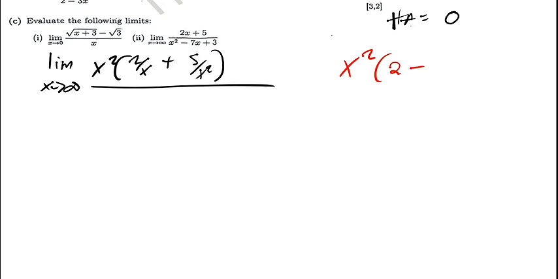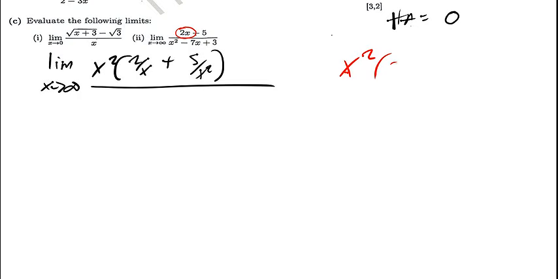Let's take it back: x squared times 2 is 2x squared, but this is 2x. We want it to go back to 2x. So now let's take it back, you have seen it come.